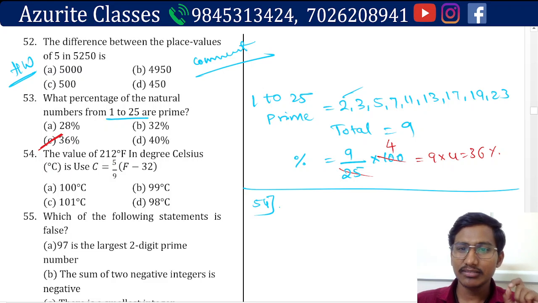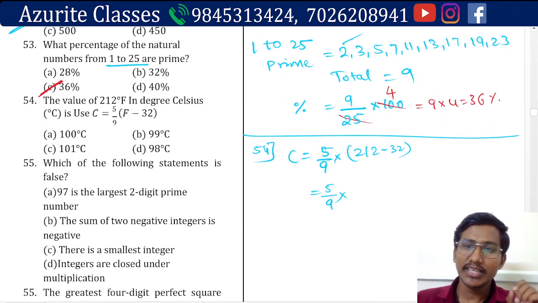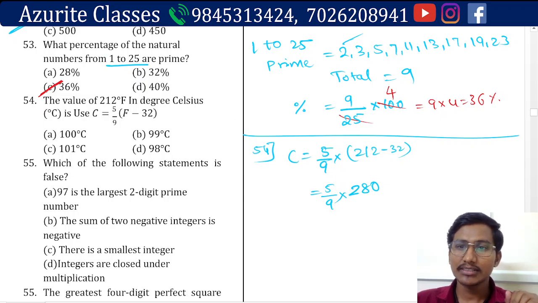So Fahrenheit is 212. So Celsius is equal to 5 by 9 times of Fahrenheit minus 32, which is 212 minus 32. What answer will come? It is 180.